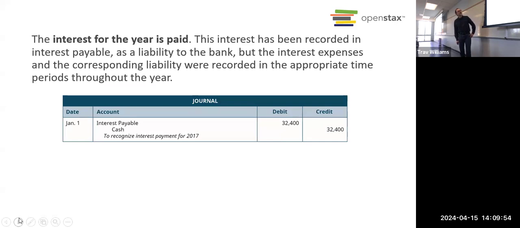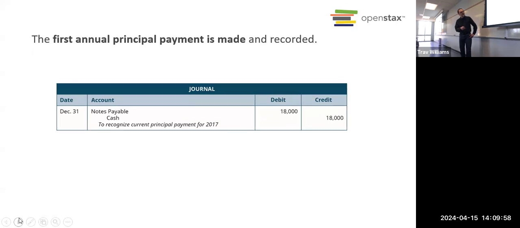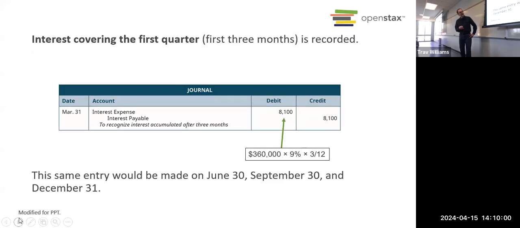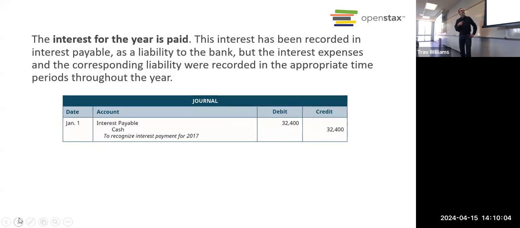So here they're paying a full year's worth of interest. Remember when we calculated interest for each quarter, it came out to $8,100. But if they don't have to pay it until the end of the year, and then they're going to pay all 12 months of interest at one time, then it would be 8,100 times 4 quarters, right? Which would come out to 32,400.